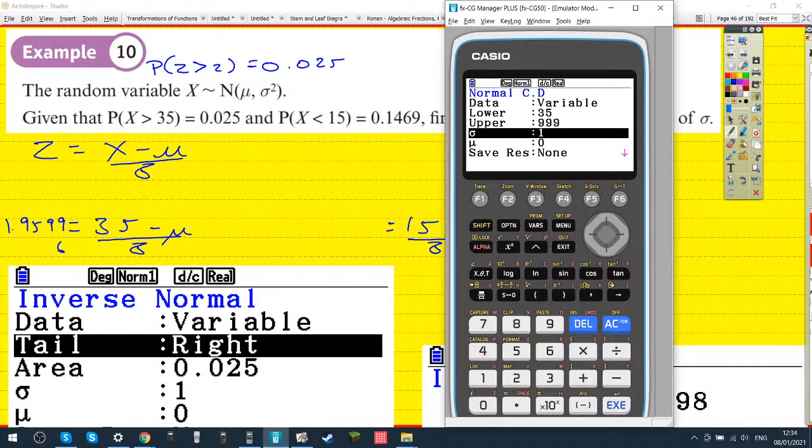For standard normal, standard deviation is 1, mean is 0. This is greater than, so the upper is 999, but the lower in this case is what we just got, 1.95996. And if this is correct, then the probability should be 0.025. It's very close because I had to round it.